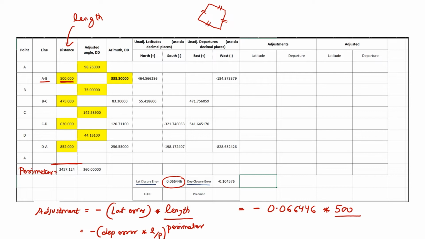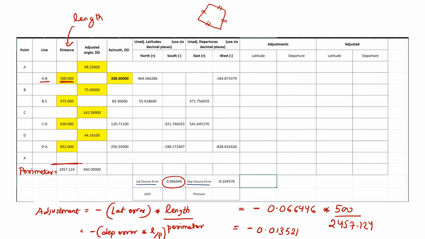Okay, so the perimeter is 2457.124. Try to solve this: 0.066446 times 500 divided by 2457.124. What I get is negative 0.013521.